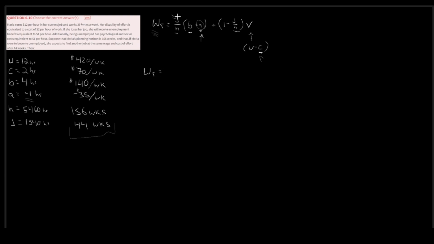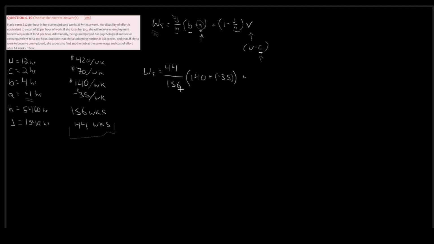Well, we have J over H, so that is 44 out of 156. Great. What's our unemployment benefit, B? Well, we would get $140 per week if we were unemployed, plus our utility of being unemployed. Well, in this case, it's disutility, so that'd be plus negative $35 a week. We then want to ask, what would be my benefit of being employed?